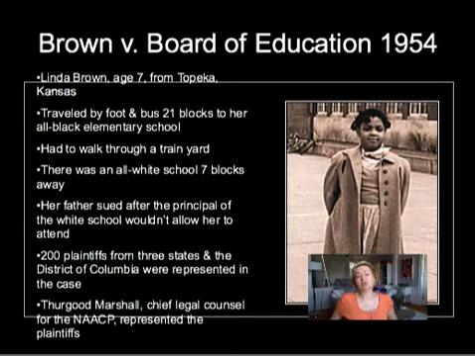Then 200 other plaintiffs, from other states and the District of Columbia, joined this suit, and this became a big case. The legal counsel who represented the plaintiffs was Thurgood Marshall. So this was a very historical, important event in US history.